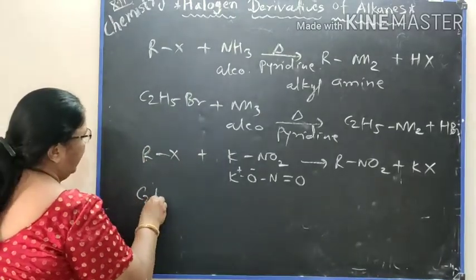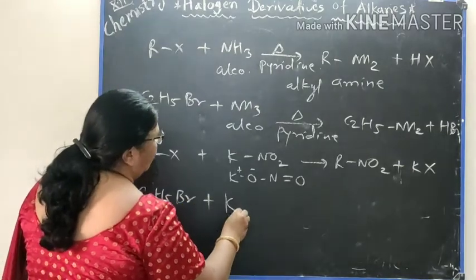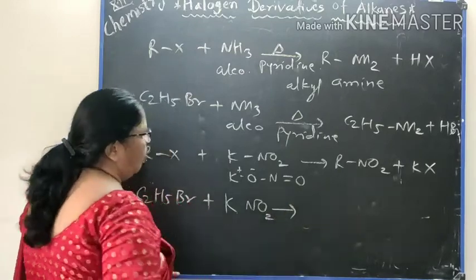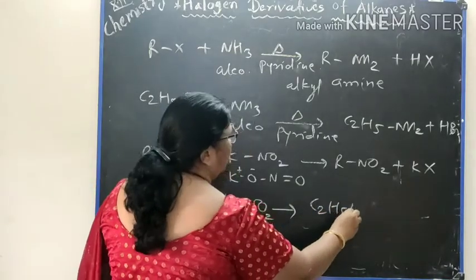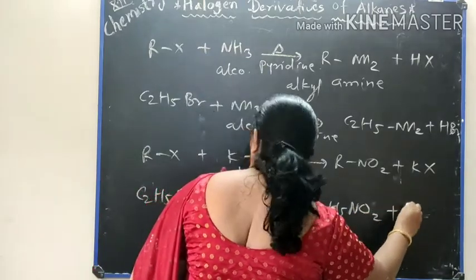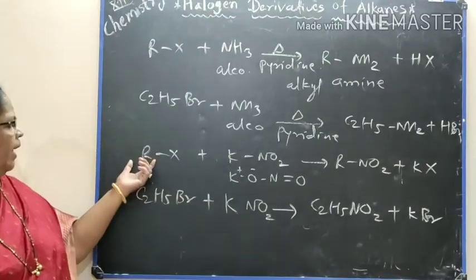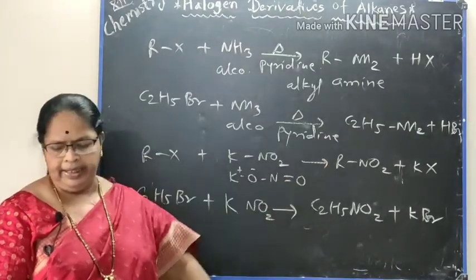Example here, C2H5Br is treated with potassium nitrite, KNO2. Mostly it produces C2H5NO2 plus KBr. From alkyl halide we will obtain the alkyl nitrite.